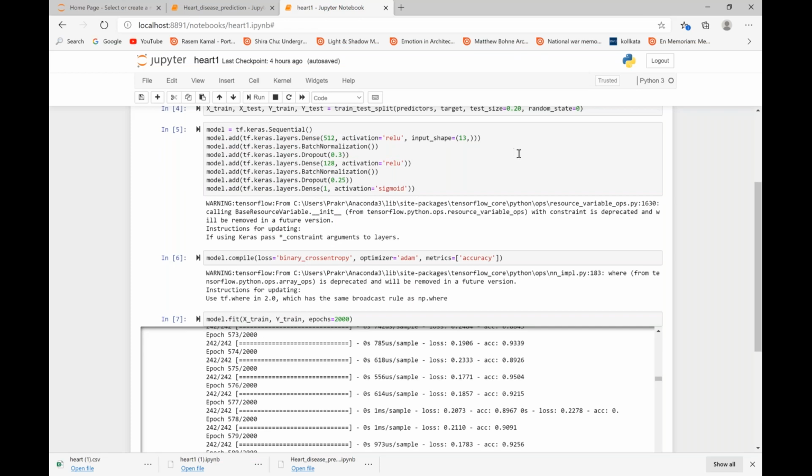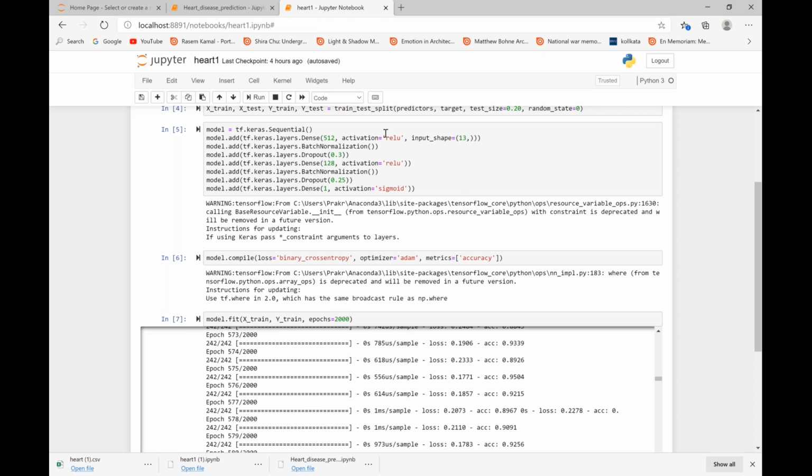This addresses the vanishing or exploding gradients problems. And then I've used even dropout. Dropout is the most popular method for regularization, where it randomly drops out some of the values, which increases the regularization.